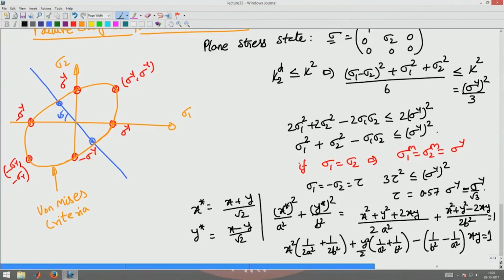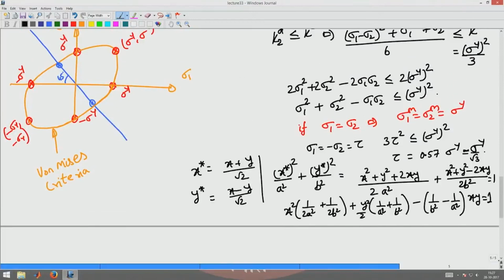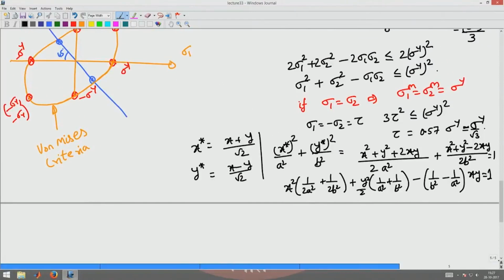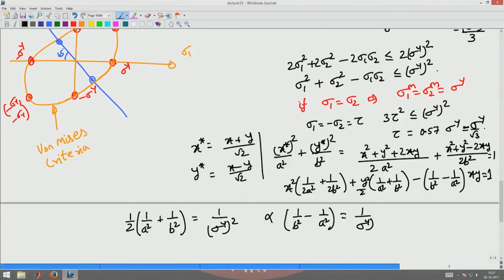Okay. Now, comparing the coefficients of sigma 1 square, sigma 2 square and sigma 1 sigma 2, we want 1 by 2 (1 by a square plus 1 by b square) to be 1 by sigma y the whole square, and we want 1 by b square minus 1 by a square to be 1 by sigma y square.